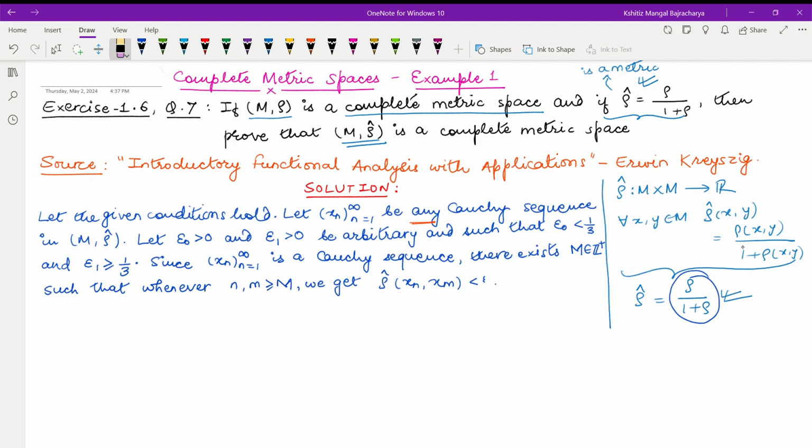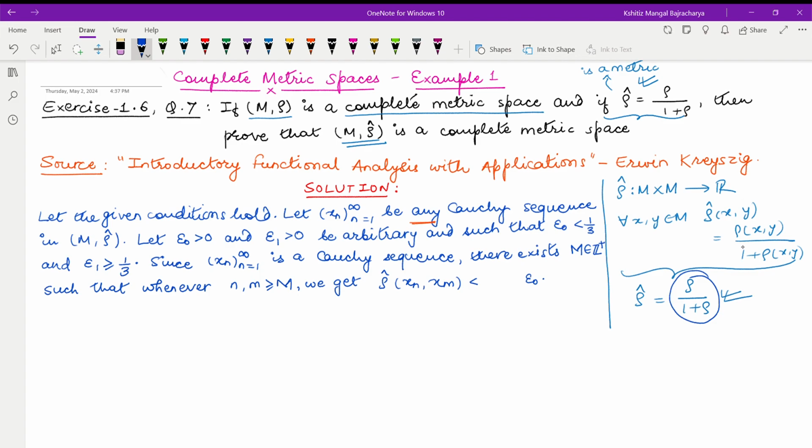But I'll have to make some more calculations, so I'm just going to write epsilon naught like this.